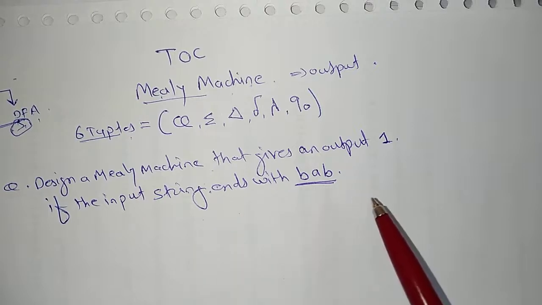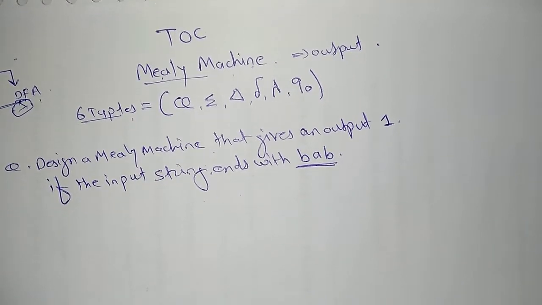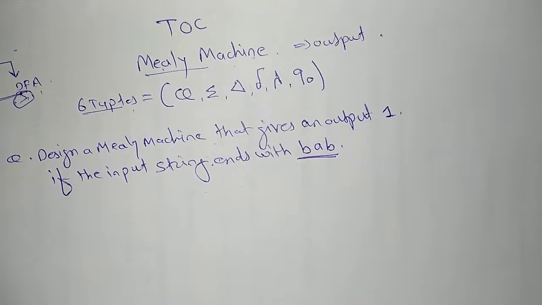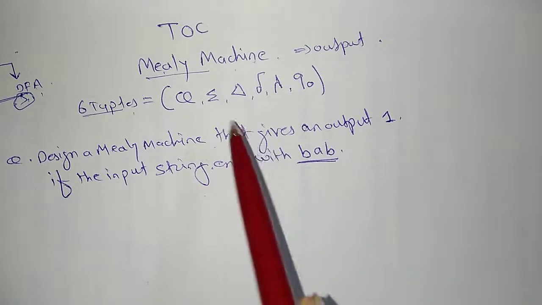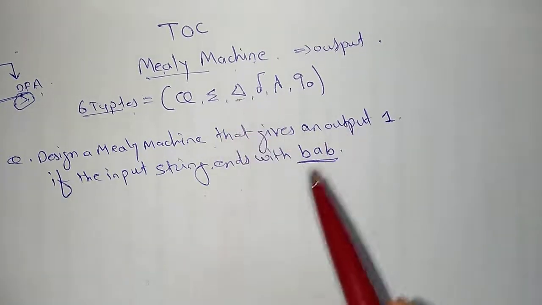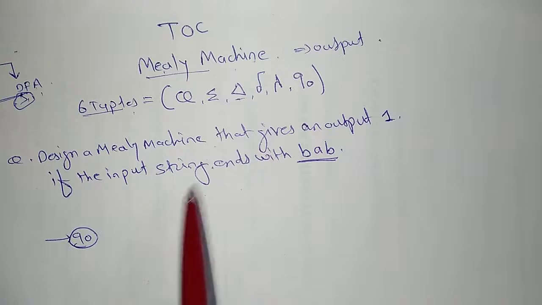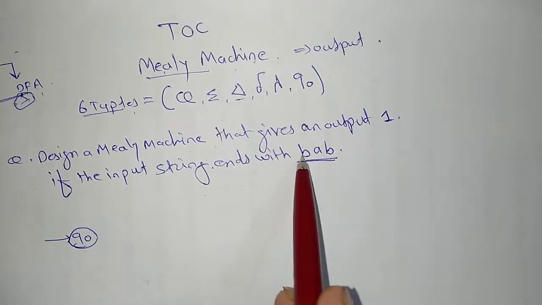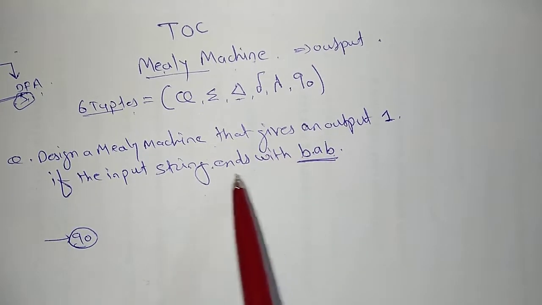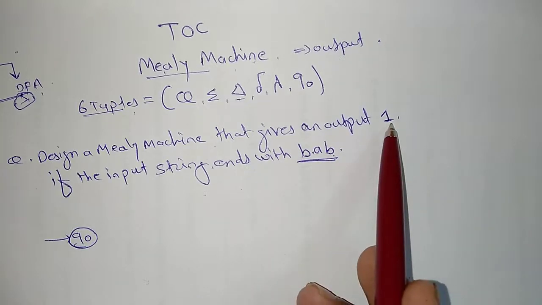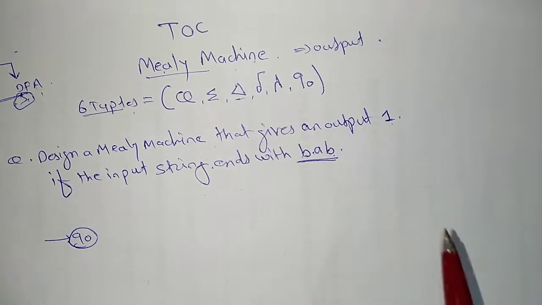First we will try to draw the Mealy machine. As we know, in Mealy machine there is output also. So first Q0, this is the starting state. What string are we looking for? BAB. And whenever BAB occurs, it must give the output as 1.